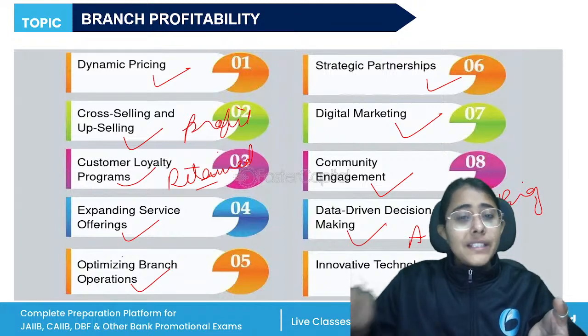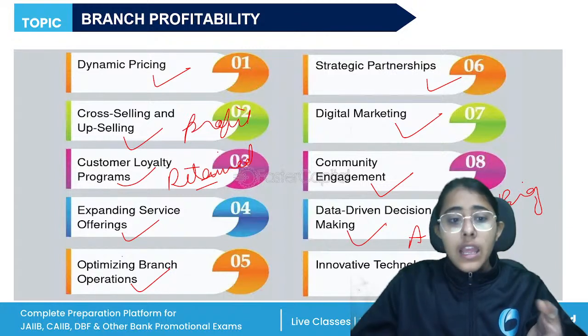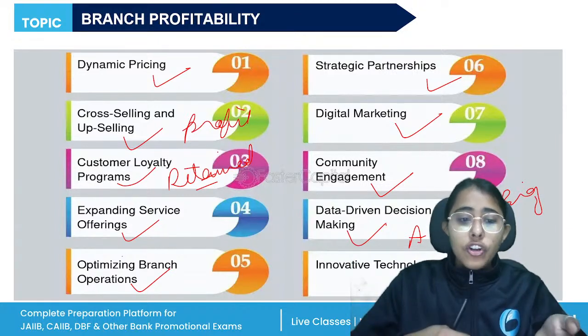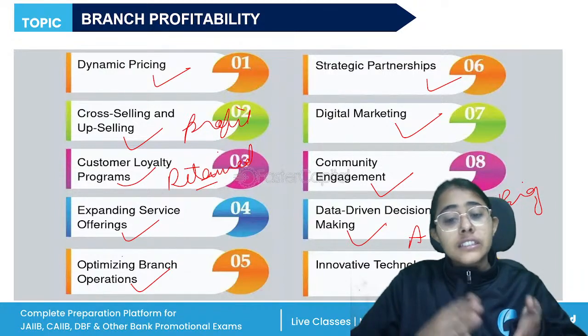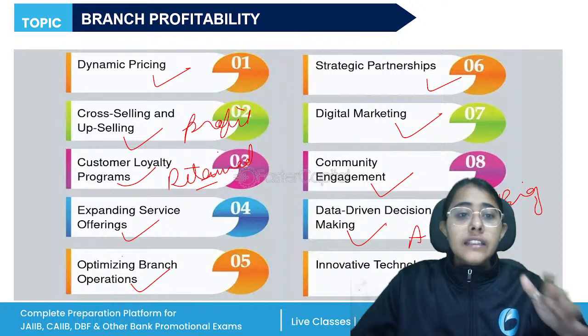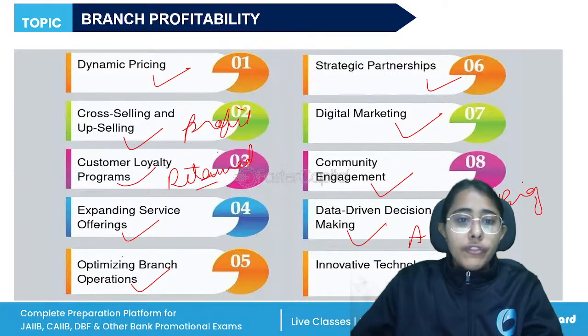NPAs reduce the profitability. There's increasing operating cost, decline in the interest margin. Other bank specific factors are also there, like capital adequacy, operating costs, operational efficiency, service charges, fees, guarantee fees. These are the factors that affect the branch efficiency and profitability.